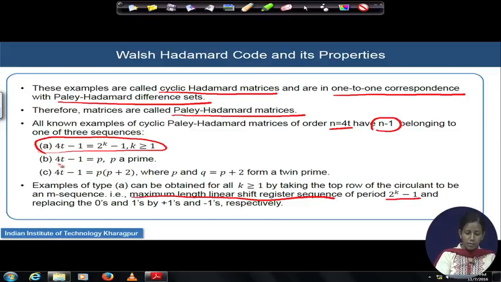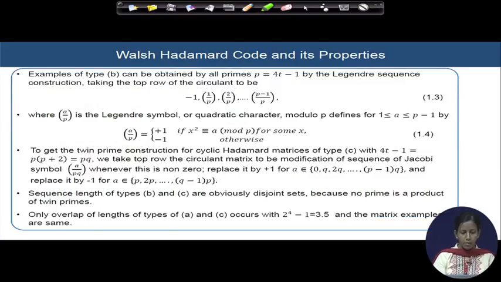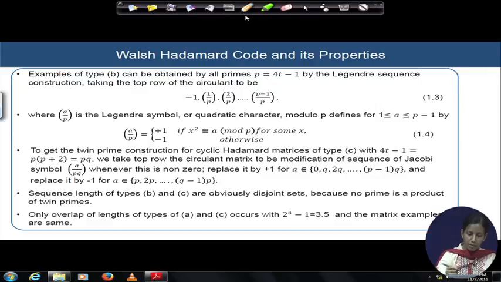Now for the second type, to generate the Paley-Hadamard matrix of type B, where p is a prime number and n minus 1 equals p, we will start with the Legendre sequence.